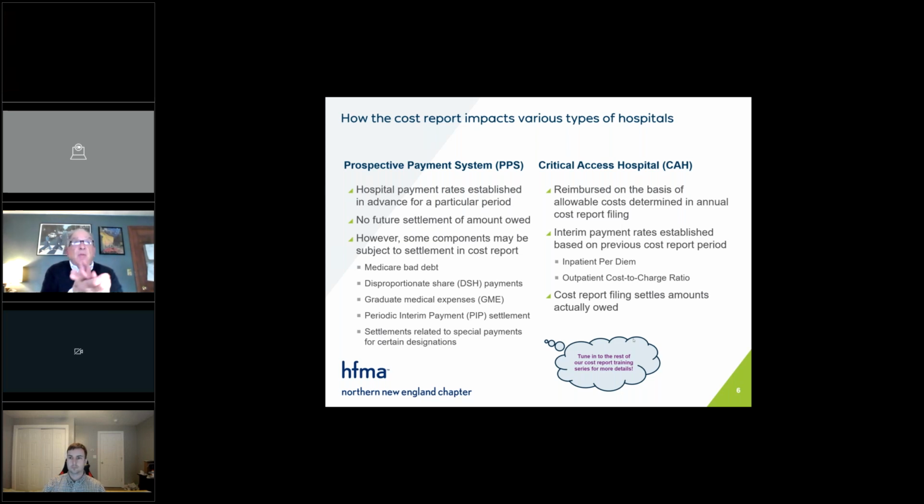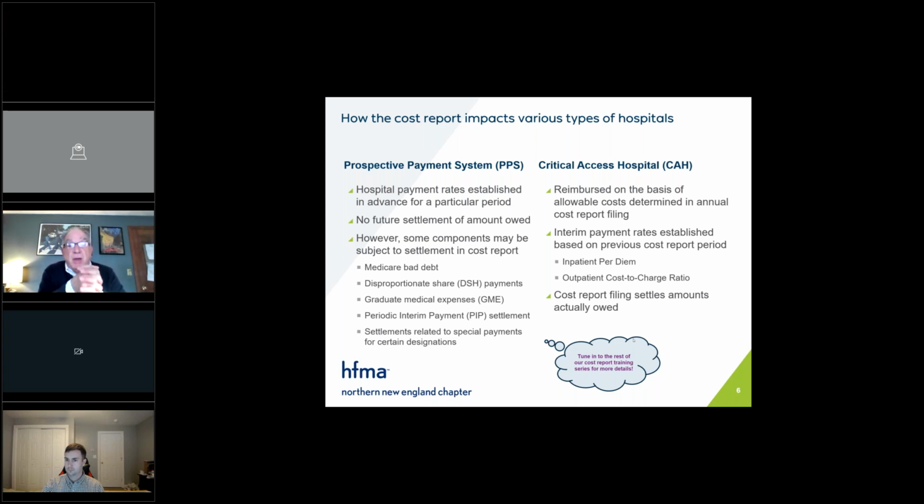So you're not reimbursed based on your cost for PPS hospitals. It's a prospective payment. But for critical access hospitals, you are, and you're reimbursed on the basis of allowable costs, which are determined from the cost report.